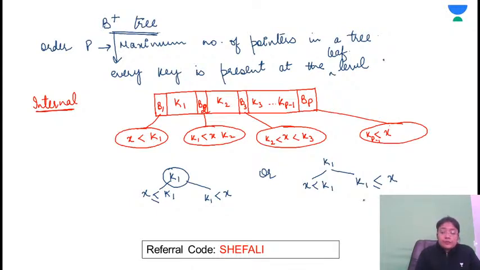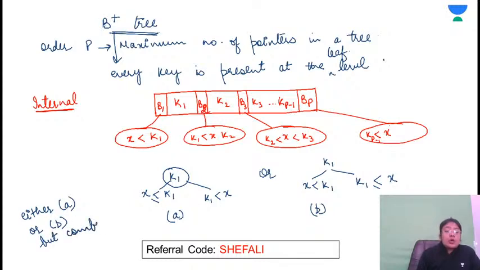Clear? Either A or B, but not both. A combination of both is incorrect.